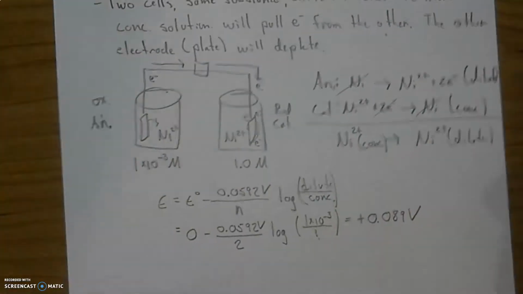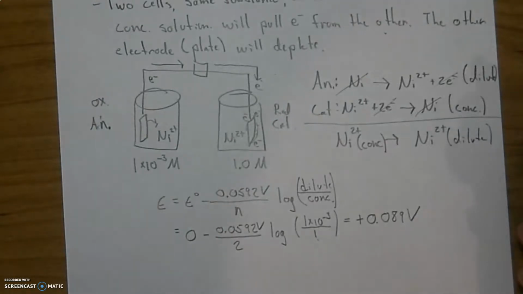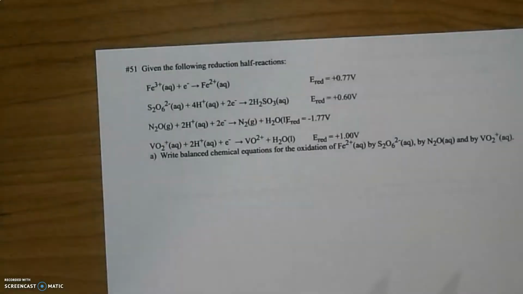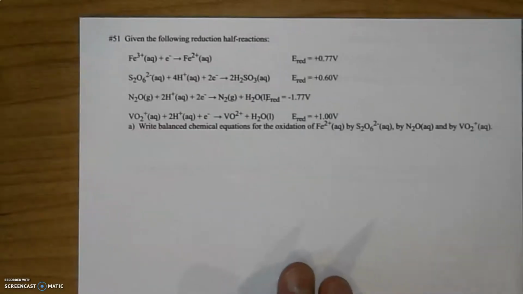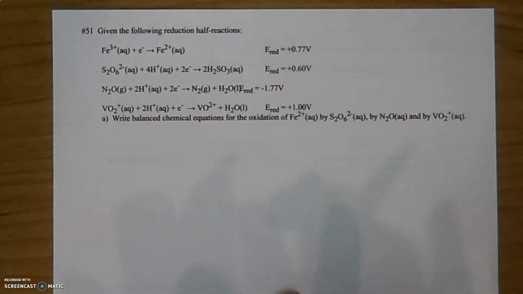There we go. All right, we're going to step away from this for a couple minutes and go back over to our homework problems. We're going to cut this a little bit short. We've got lots of stuff going on here.